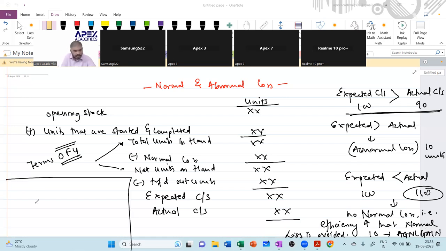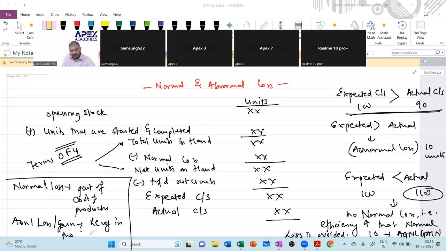Now, theory concept: normal loss is a part of cost of production, whereas abnormal loss or gain are recognized in the income statement.